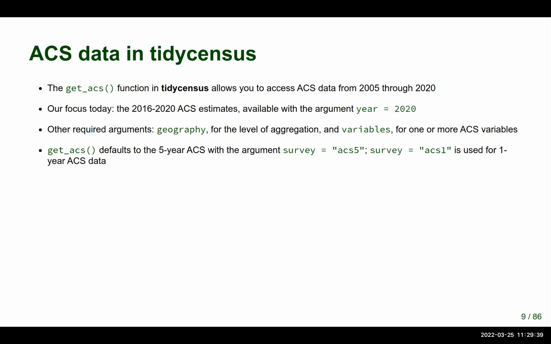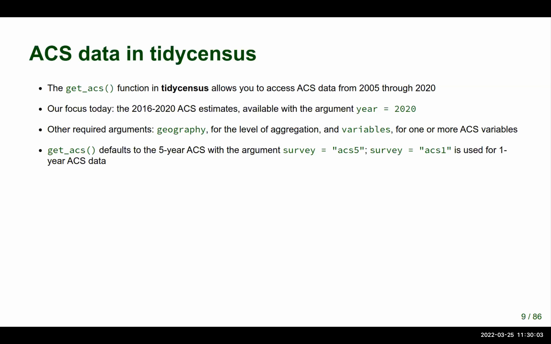I have not made that change yet. So if you don't supply a year, it will still default to the old 2015 to 2019 ACS estimates. When a new release comes out, that's probably coming next month, I would think, we're going to move that default year to 2020. For now, you need to specify year = 2020 to get the new data.